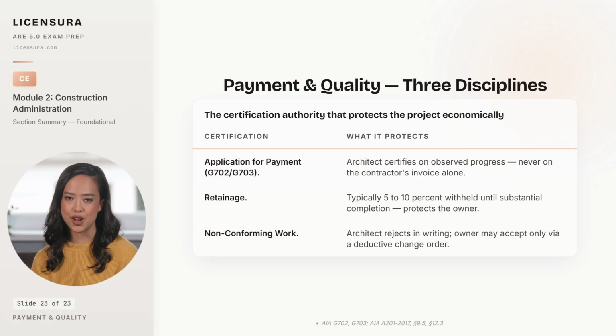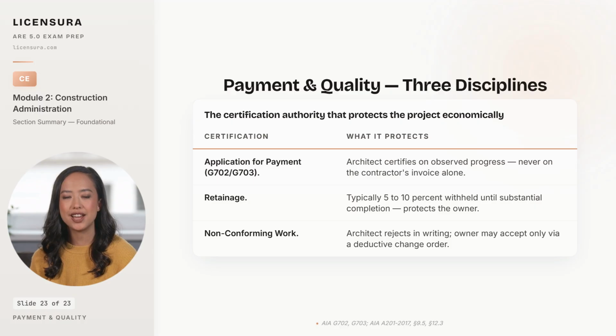And non-conforming work is the architect's authority to reject, in writing with reasons referencing the contract documents. If the owner wants the non-conforming work anyway, the resolution is a deductive change order that documents the reduced value and the owner's acceptance, never a silent acknowledgement that the work passes.